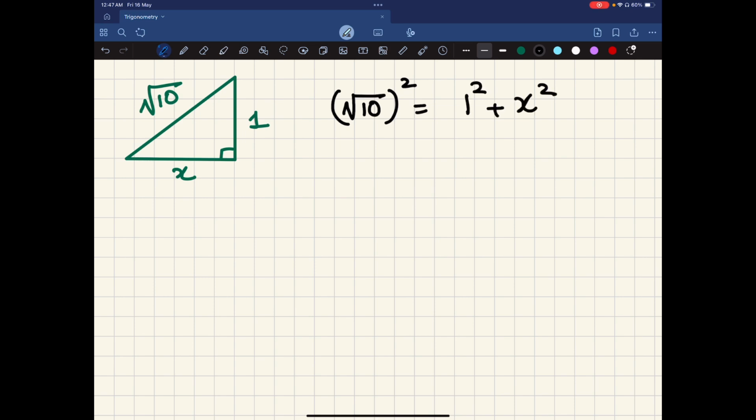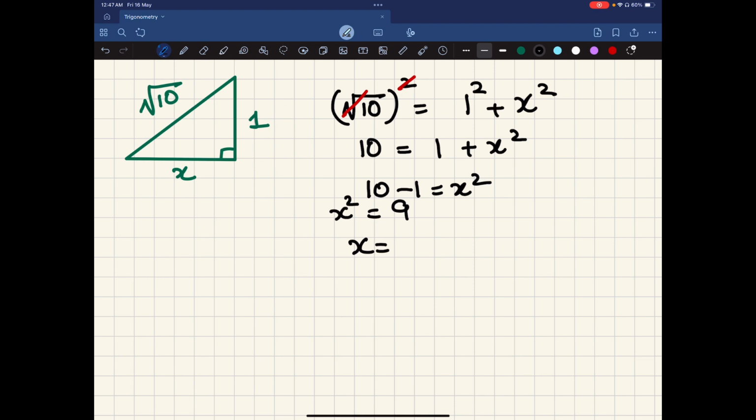Okay, so we all know that the square root and square will get cancelled out. So what do we have? We have 10 is equals to 1 plus x square. 10 minus 1 is equals to x square, which is the same thing as x square is equals to 10 minus 1, which is 9. So x is going to be under root 9. X is equals to 3 centimeters.